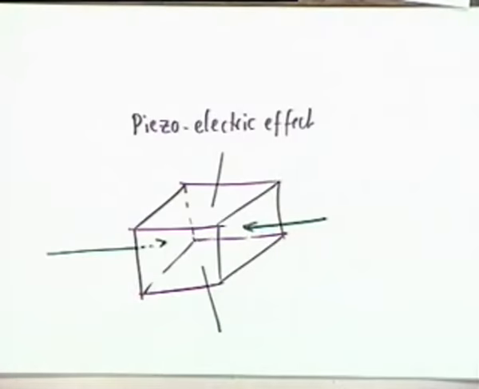The material itself is non-conducting, an insulator, a dielectric material. The physics is that there is a polarization of charge: positive charges go on one side and negative charges go on the other side.